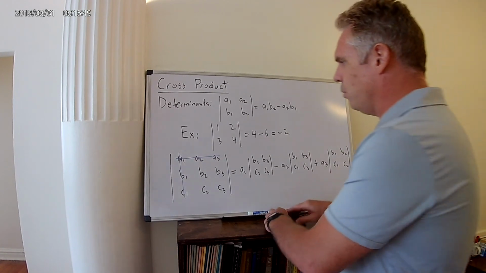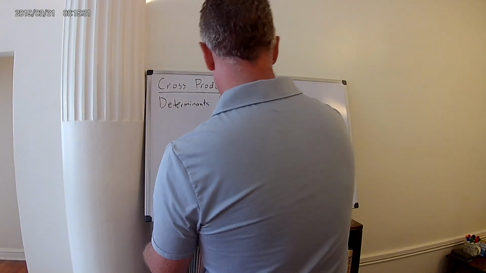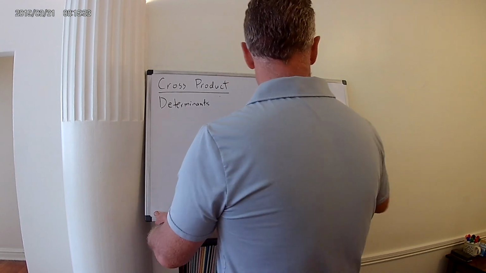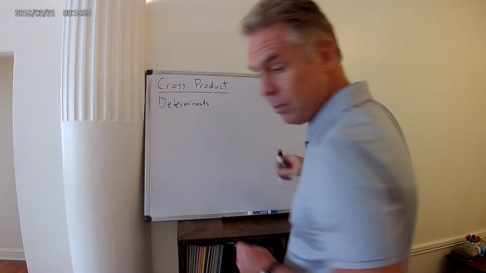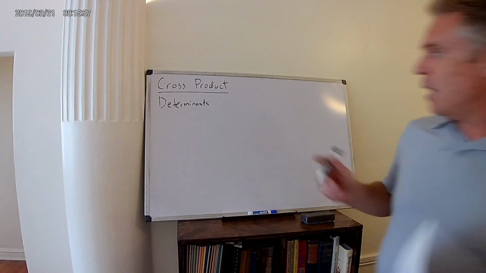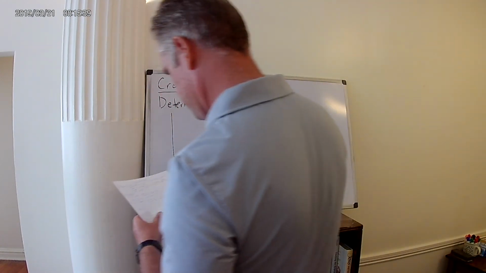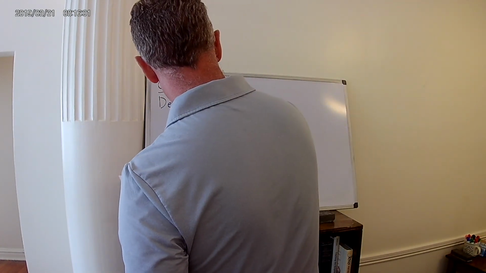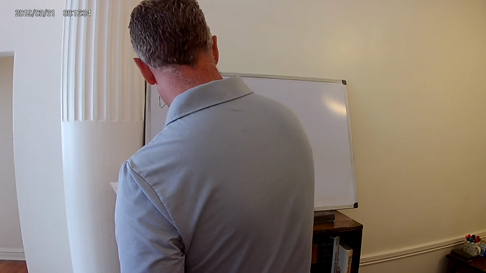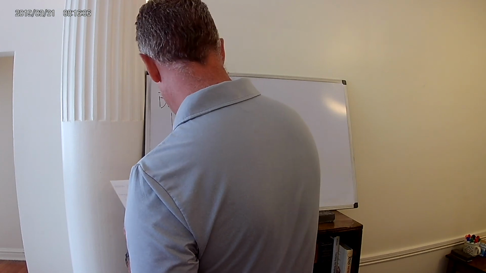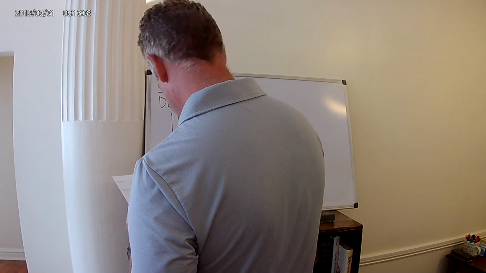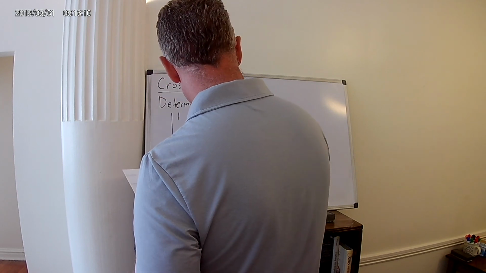Let's do an example. Let's calculate a 3 by 3 determinant as an example. Let's calculate this determinant: 1, 2, 4, minus 3, 3, 1, 3, minus 2, 5.